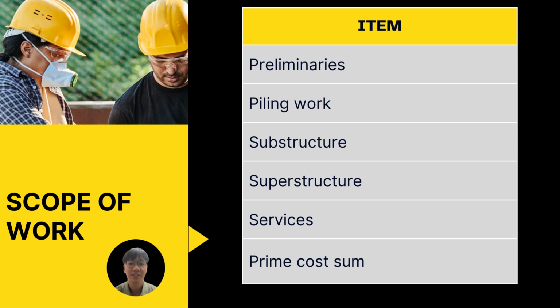The substructure work covers the building's subsurface work, such as foundation, ground slab, concreting, and other items. The scope of work for the superstructure includes all work that is constructed above ground level, including all finishes, doors and windows, flooring, roof, columns, beams, slab upwards, and other items as specified in the design specification.